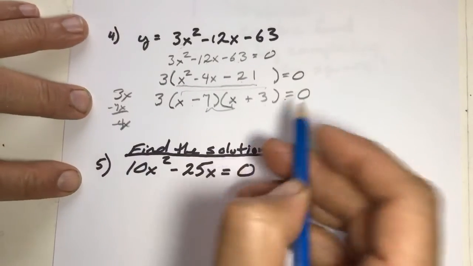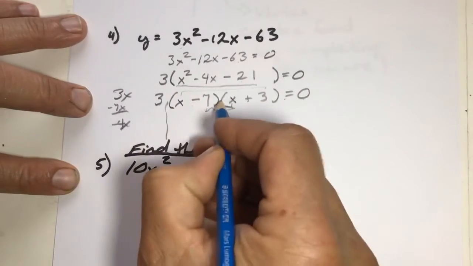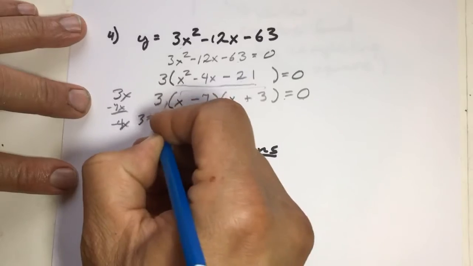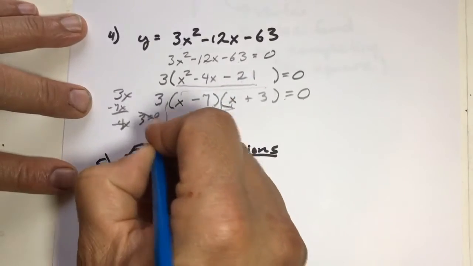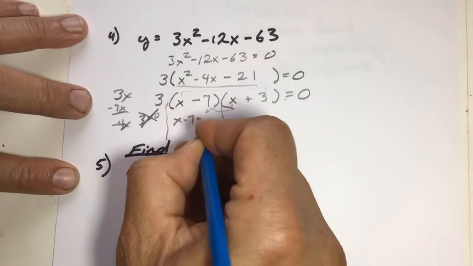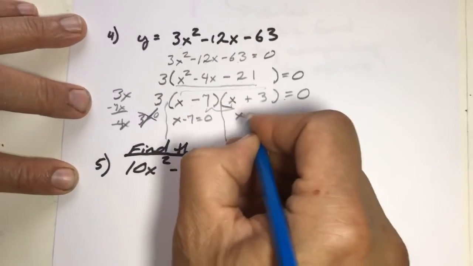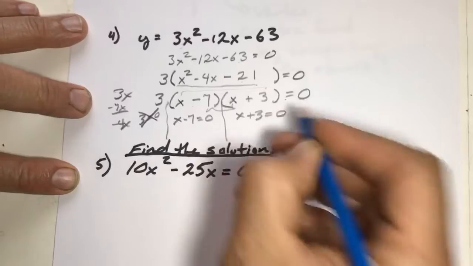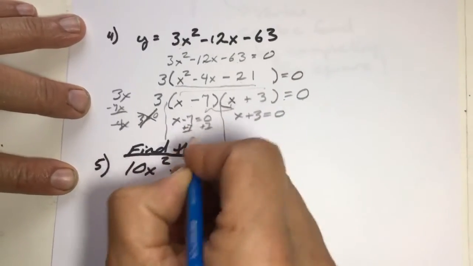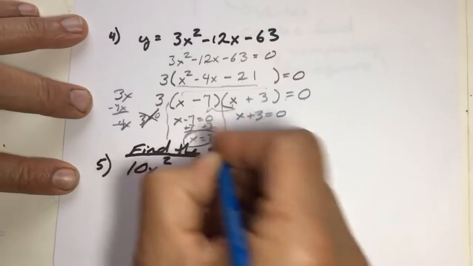So one of them, or all 3, could be equal to 0. So you could literally write 3 equals 0, but everybody knows that's ridiculous. So we ignore that. But x minus 7 could be 0, or x plus 3 could be 0. And you do your algebra moves and figure it out. So one answer is 7.